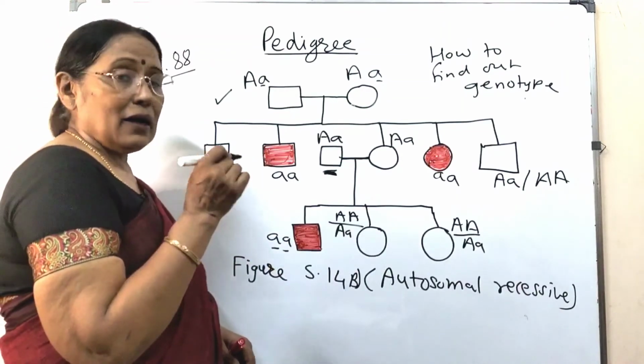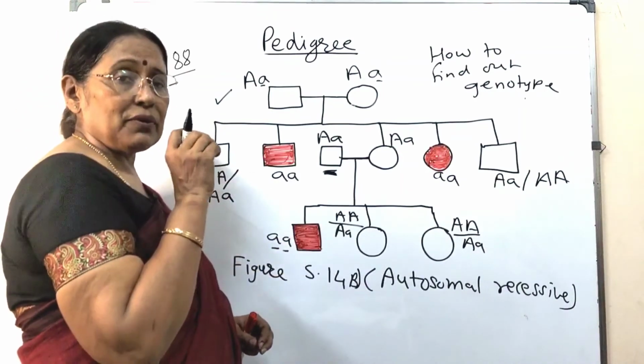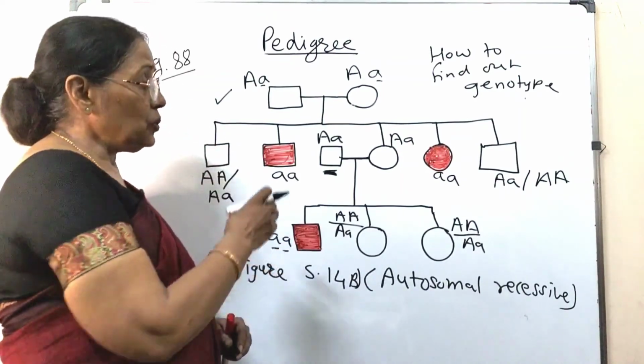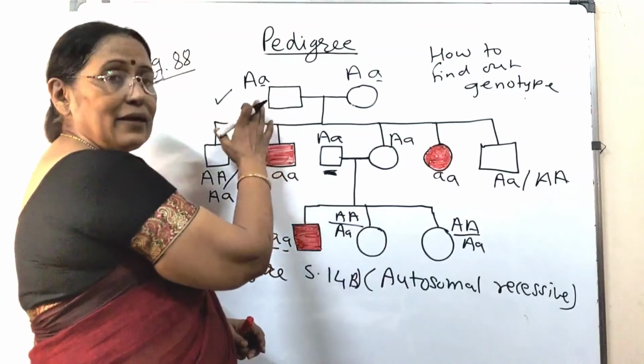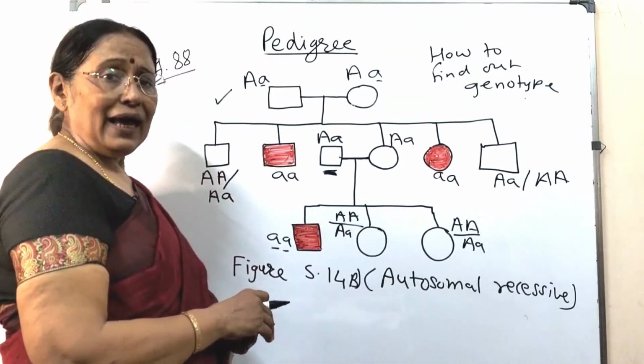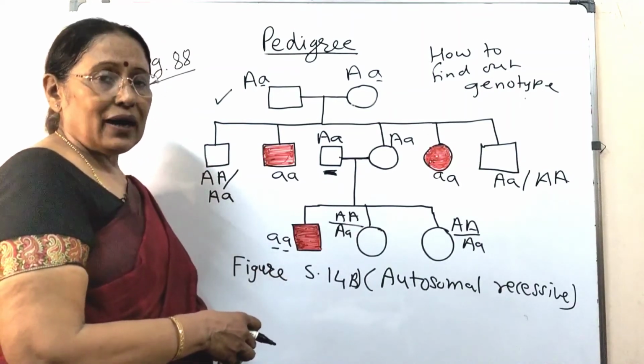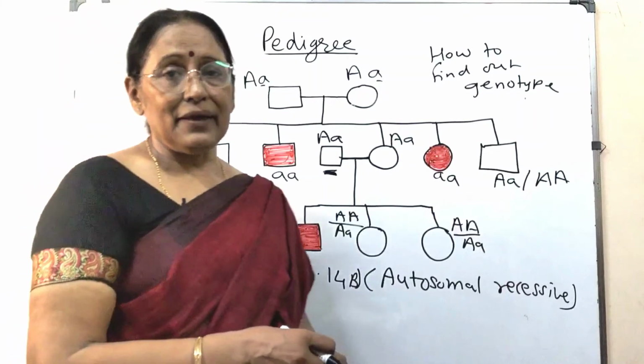Just take pen in your hand, pen paper, and remember only one thing, that is go on observing the offsprings and accordingly go on putting the alleles, dominant or recessive. That's it. So I hope you have understood the pedigree.